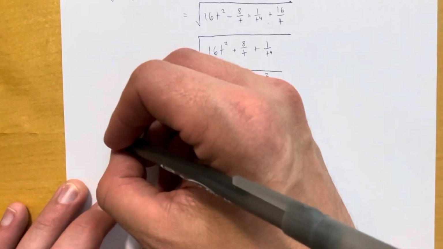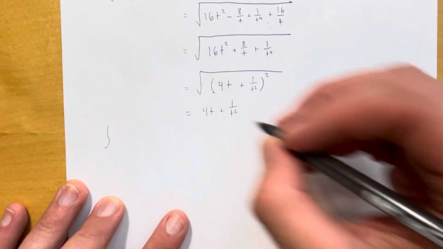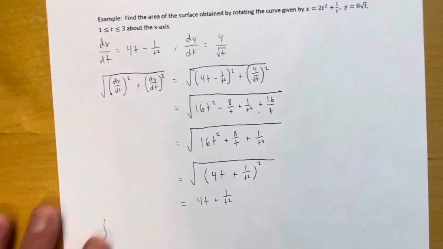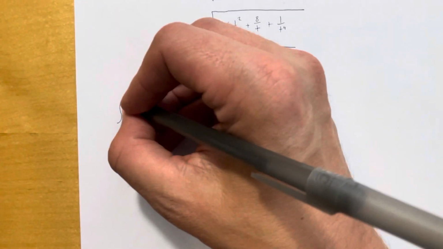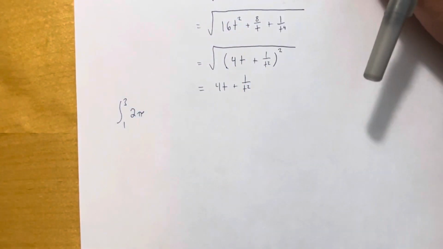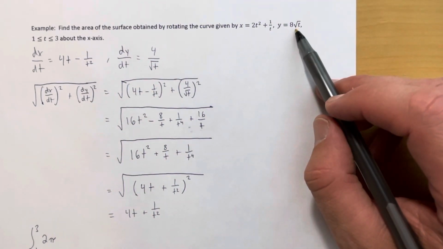Now we're going to look at our surface area formula. So our surface area formula said that we want to take the integral from alpha to beta, where here that's 1 to 3. I'm going to go from 1 to 3 of 2 pi times y. But remember, y is being represented as a function of t here.